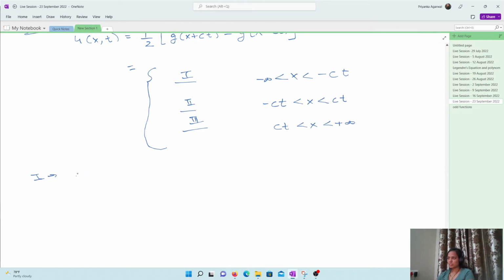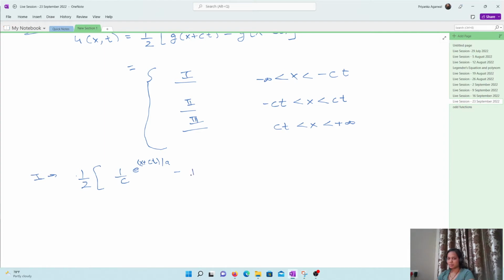So this first one will become 1 by 2. For this thing, g of x plus ct was 1 by c e to the power x plus ct over a. Now minus, for this case, g of x minus ct.